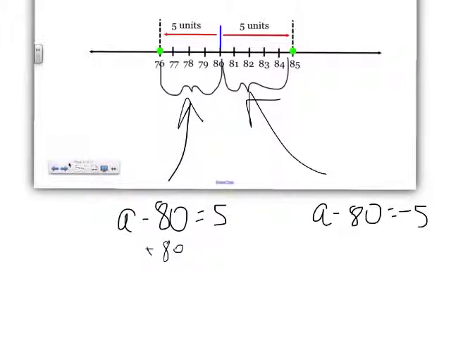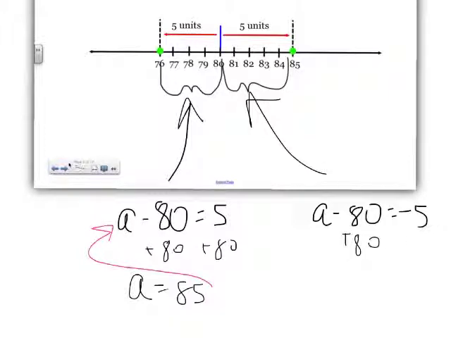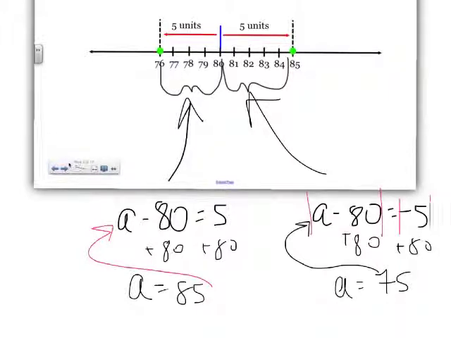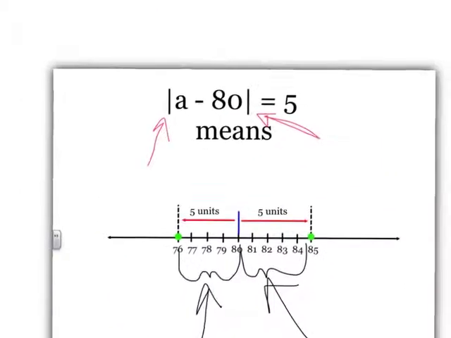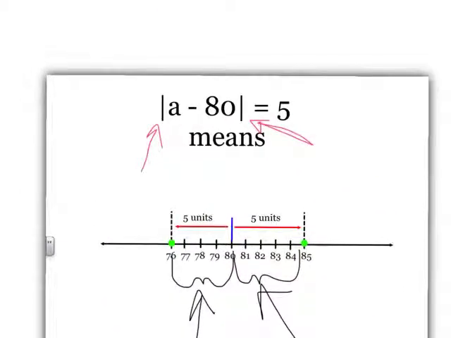So if I added 80 here, if a was 85, yes, that would work. It would indeed be an absolute value of 5. And if I went over here and added 80 to negative 5, I would have a equals 75, which if I were to plug in a equals 75, I'd have a negative 5, which would end up being an absolute value of 5, which is why this is represented by two separate equations.